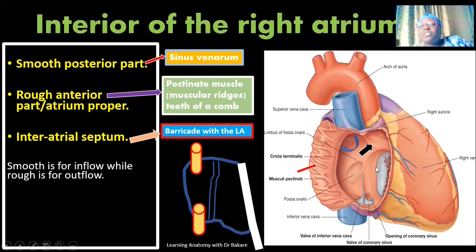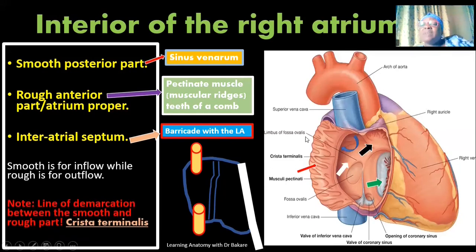The function of the rough muscular part is to exhibit pumping action, and that is where the blood is then pushed into the right ventricle. So the different sub-regions present their own function. The interatrial septum demarcates the right atrium from the left atrium.